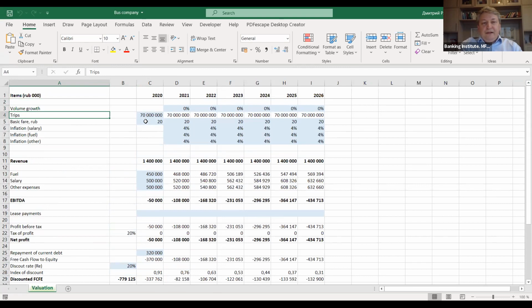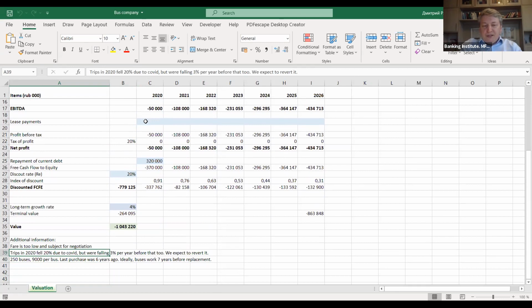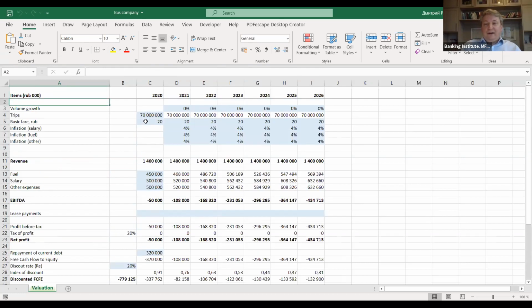From one side, we expect that after those restrictions were eased, the volume should go high. But at the same time, we can see that historically, this bus company was losing passenger traffic at the rate of 3% per year. So probably the passenger traffic for this company will not grow 20% next year.